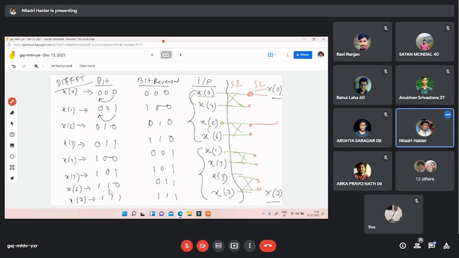So this will be your butterfly. Now these two bits are used, the next unused bit is this one. So this bit will be connected to that bit. Bit separation is 2, you can check it. Clear or not?